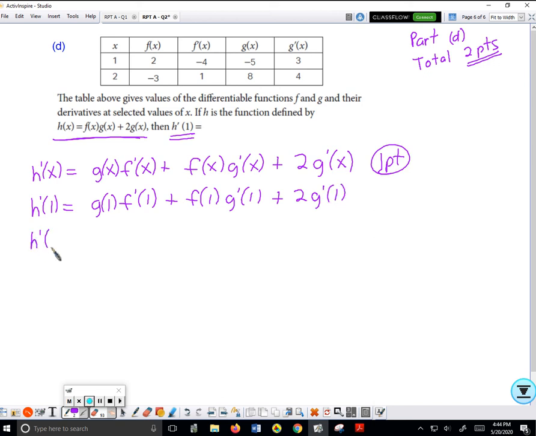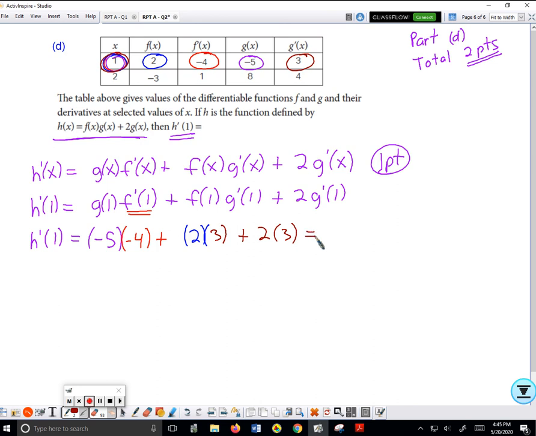So h prime of 1 is going to equal, look up, g of 1, negative 5, f prime of 1, f prime of 1 is negative 4, plus f of 1, f of 1 is 2, g prime of 1, g prime of 1 is 3, plus 2 times g prime of 1 is still 3.